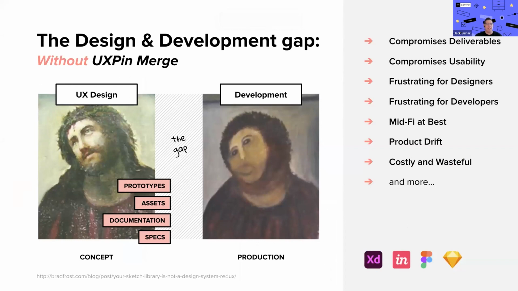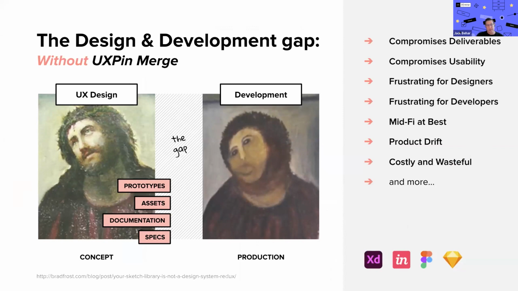So the first thing I want to do is just kind of show you a visual of what we call the design development gap, right? It is essentially a gap between the two disciplines. And here is an analogy that Brad Frost, who's the creator of atomic design composition, uses.